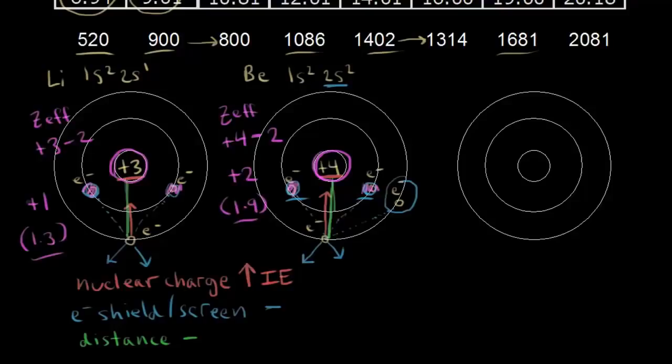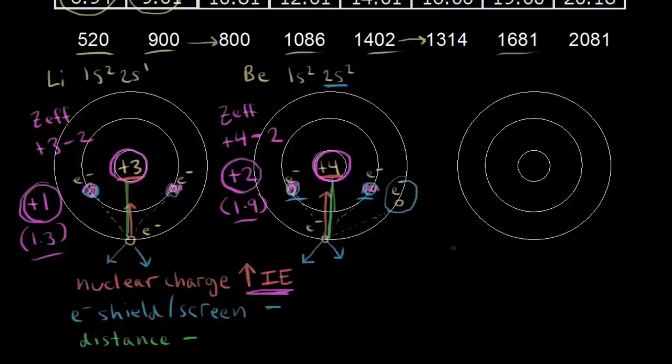And so we can see that we have an increased effective nuclear charge, from +1 to +2. So as you move across a period, you're going to have an increase in the effective nuclear charge. And that's the reason that's given for the trend of an increase in ionization energy as you move across the period on the periodic table.